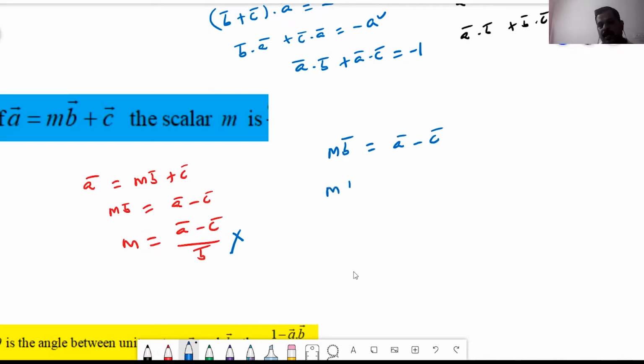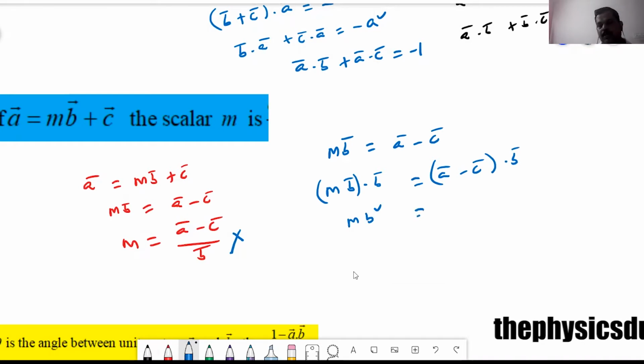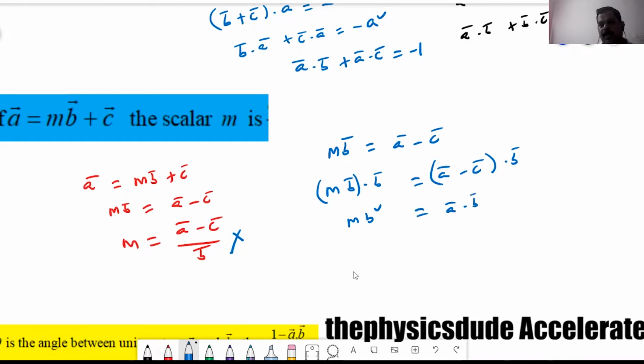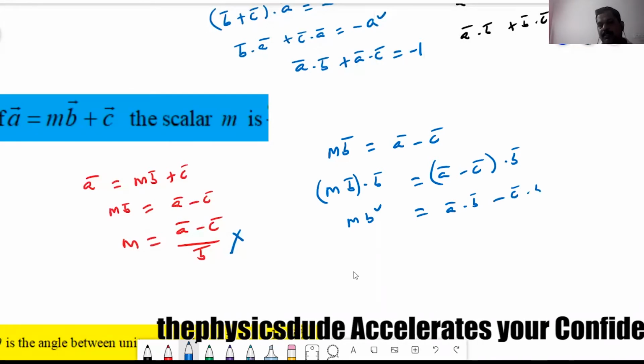Now you take the dot product with B bar on both sides. So MB bar dot B bar is equal to A bar minus C bar dot B bar. So this is MB square, because B bar dot B bar is B square. So this is A bar dot B bar minus C bar dot B bar.